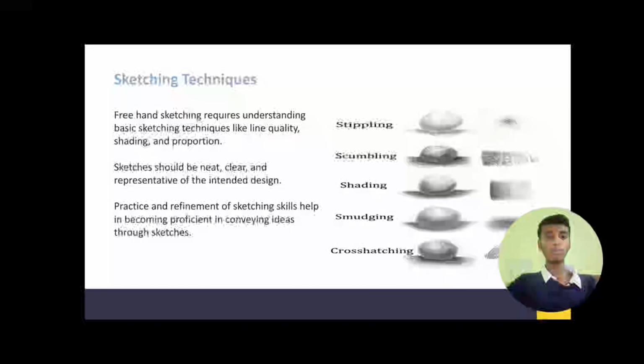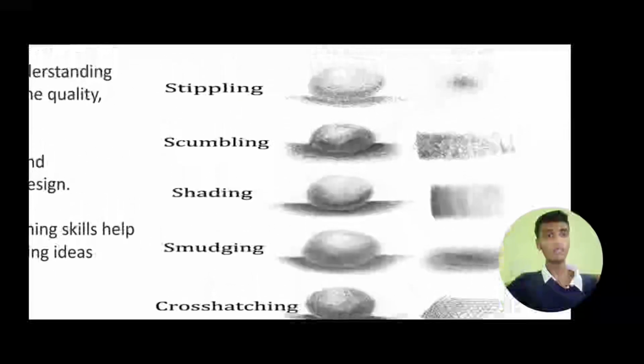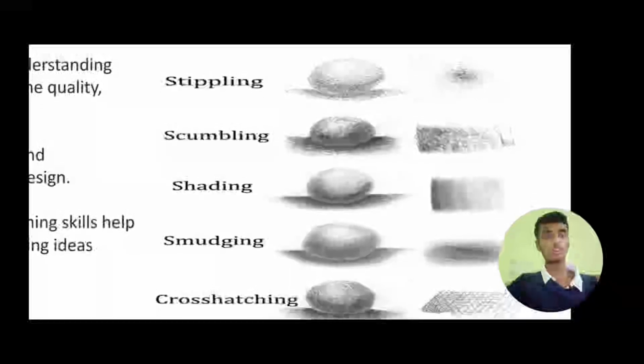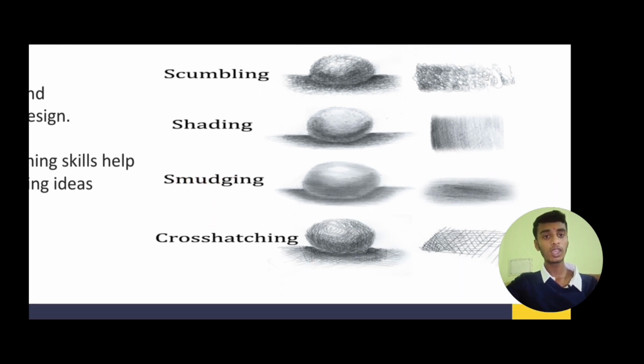Practice and refining the sketching skill help in becoming professional in conveying ideas through sketches. And you can see the sketching techniques and the thickness here. I'll zoom in so you can see clearly. First is stippling, scribbling, shading, and cross hatching.